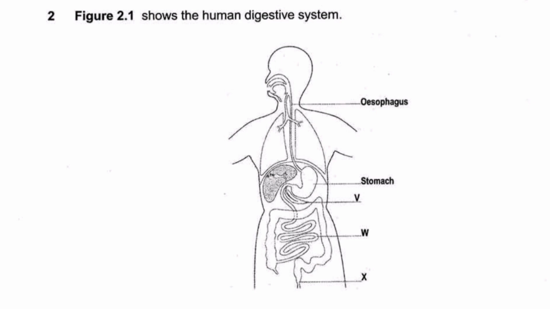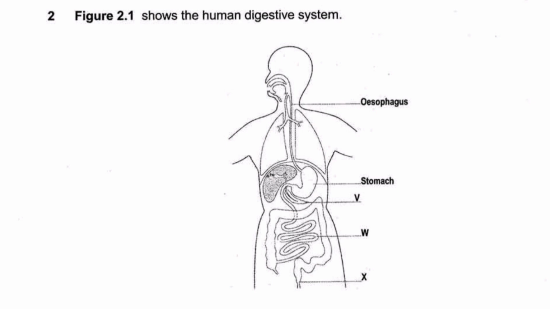We have the esophagus, the stomach there, and we also have structures V, W, and X. V is the pancreas. W is the ileum or small intestines. X is the anus, where egestion takes place.